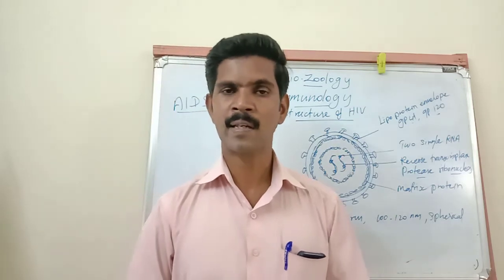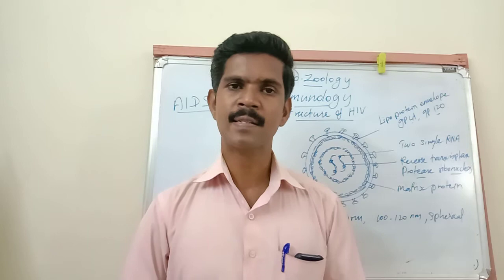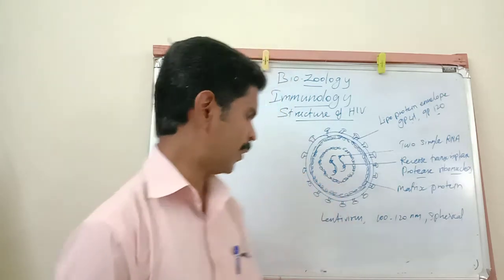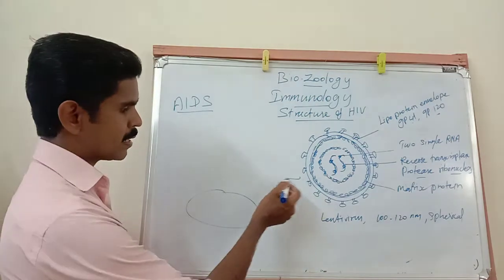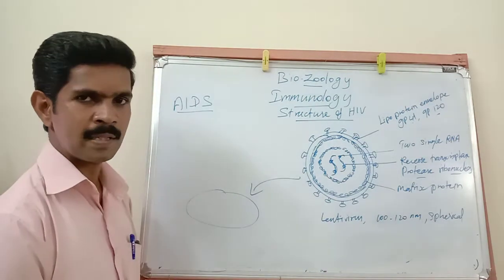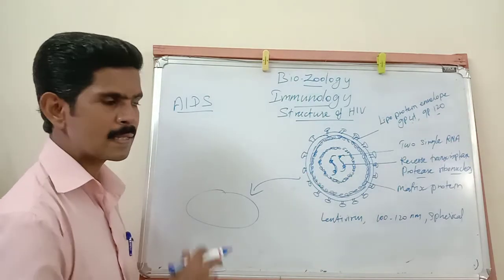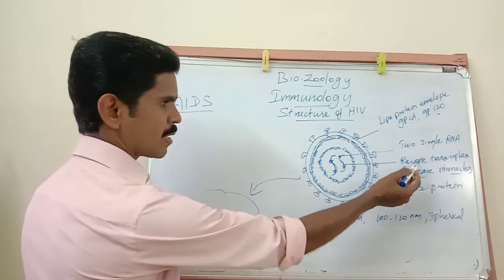Listen to the next point very carefully. Once this HIV virus enters inside the macrophages, just imagine this is the macrophage. Immediately the RNA of this HIV virus is converted into DNA with the help of the reverse transcriptase enzyme.